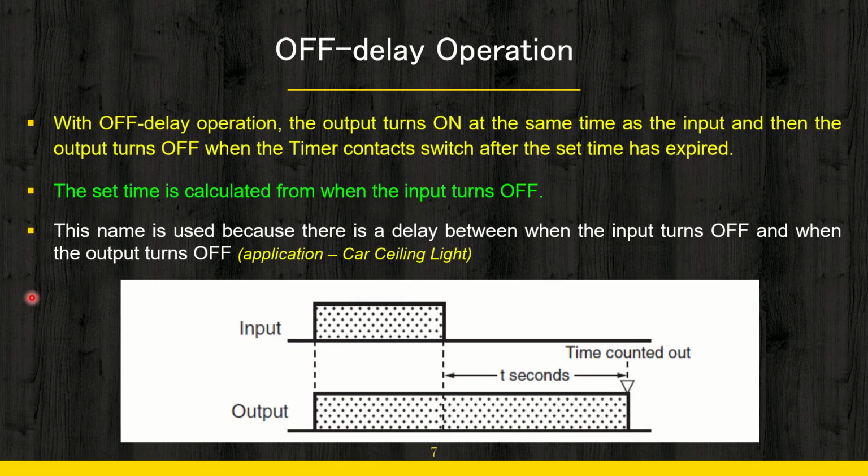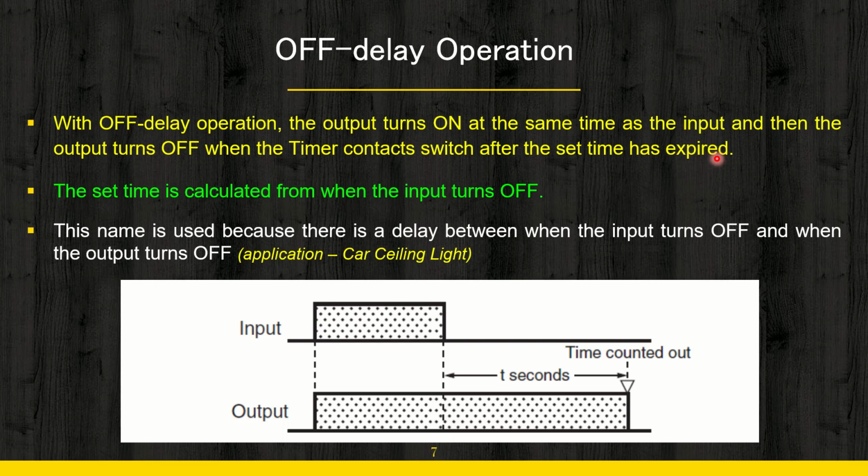Next, let us look at off delay operation. With the off delay operation, the output turns on at the same time as the input, and then the output turns off when the timer contacts switch after the set time has expired. You need to understand this. The first one was the case when, suppose you have connected a device at the output of the timer.